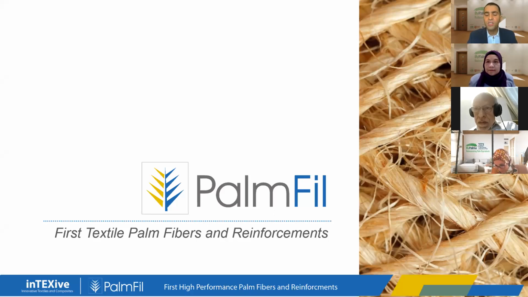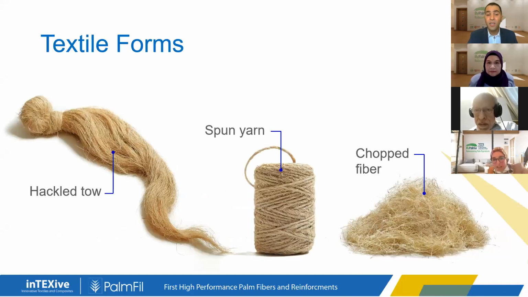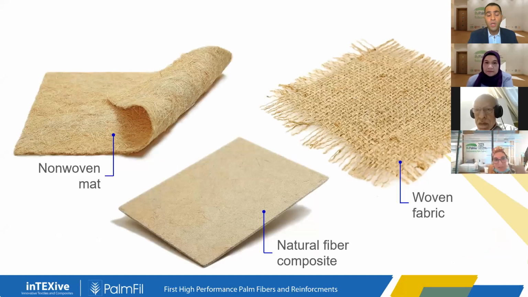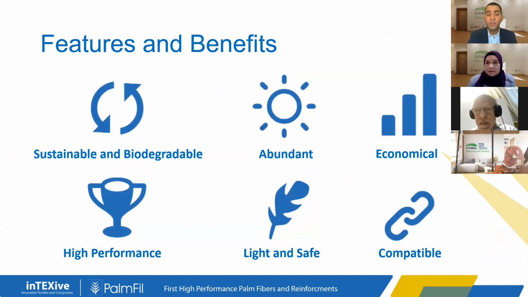And it's a very versatile fiber that can be processed into different textile forms, including hackled tows and spun yarn, and it could be chopped and cut into chopped fibers, and could be converted into non-woven mats or woven fabrics, or blended with a polymer matrix and pressed into high strength, low weight composite materials.